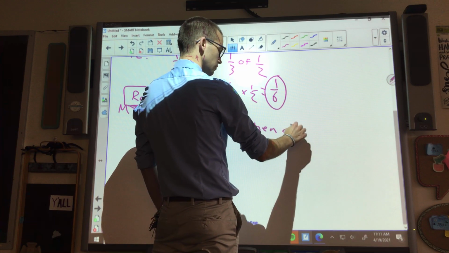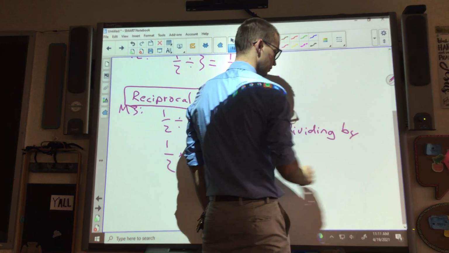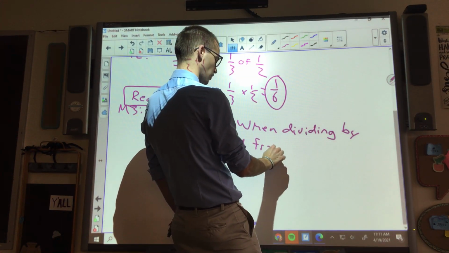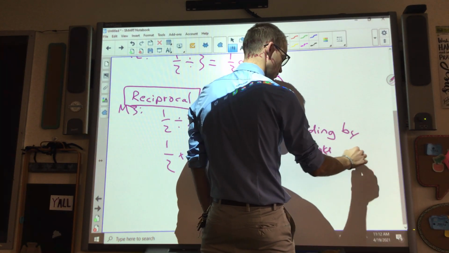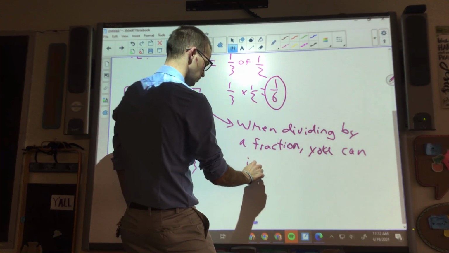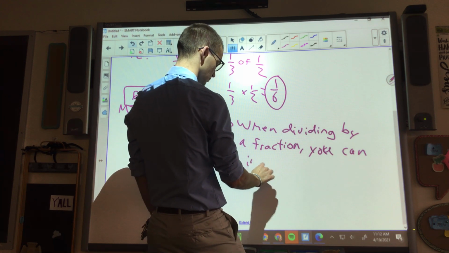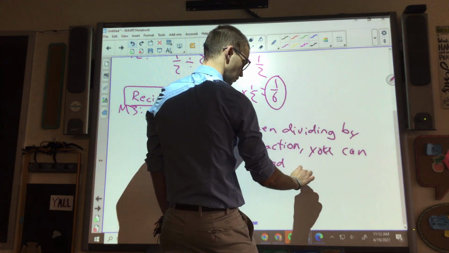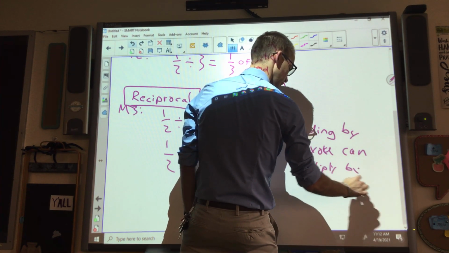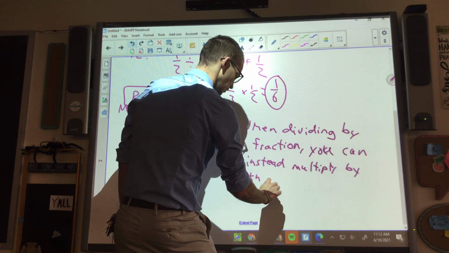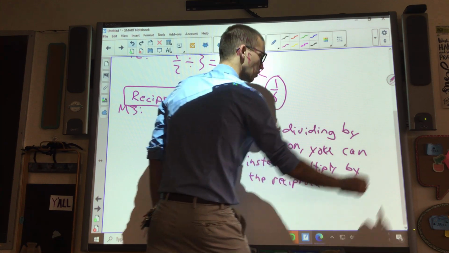When dividing by a fraction, you can instead multiply by the reciprocal.